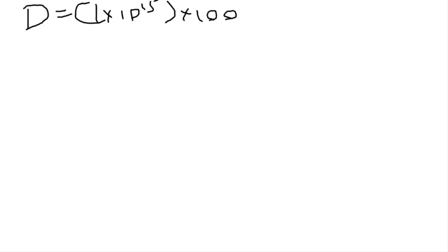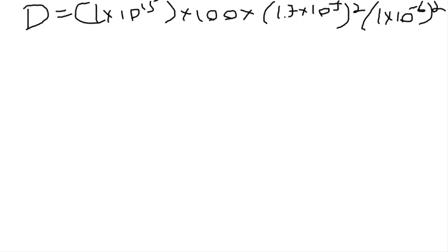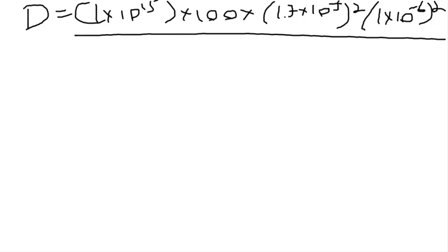When you do that, we end up with the distribution ratio being equal to 1 times 10 to the 15 times 100 times Ka, which is 1.7 times 10 to the minus 5 squared, times the concentration squared, so 1 times 10 to the minus 6 molar squared. And divide that whole thing by 7.5 times 1 times 10 to the minus 5 squared.